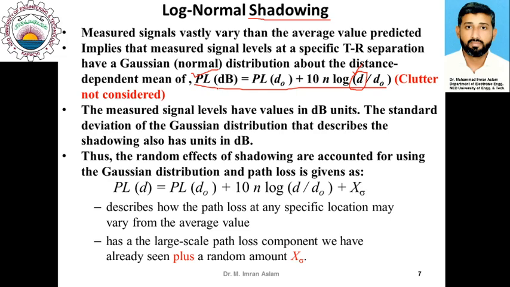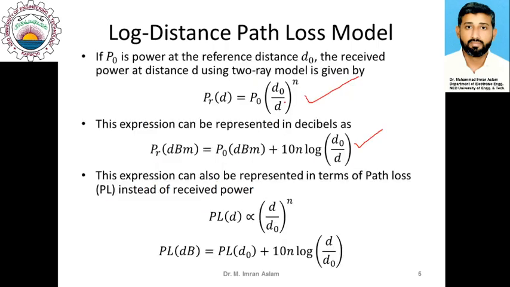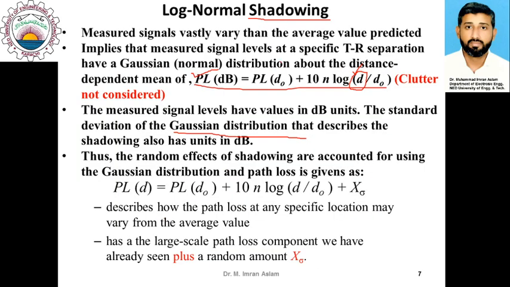received power. Generally the received power follows the Gaussian distribution, and because we are using the path loss or the received power in decibel units, this shadowing should also have decibel units. So in decibel units, these random variations follow the Gaussian distribution. In order to mathematically model that, we represent that effect by a random variable, or we call it a shadowing random variable.